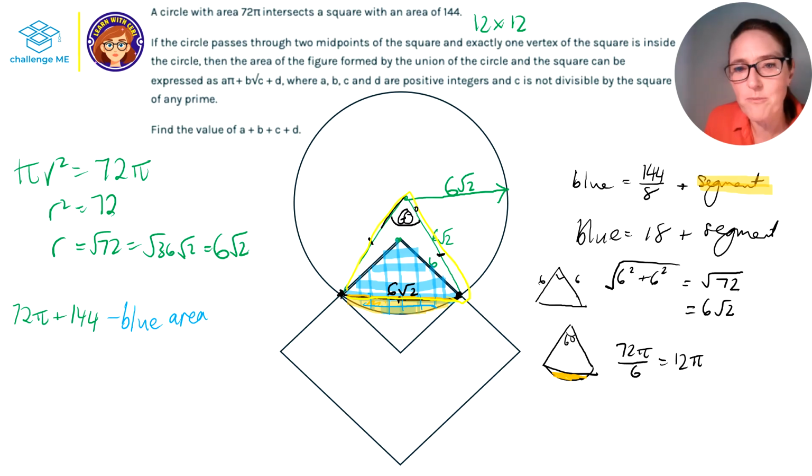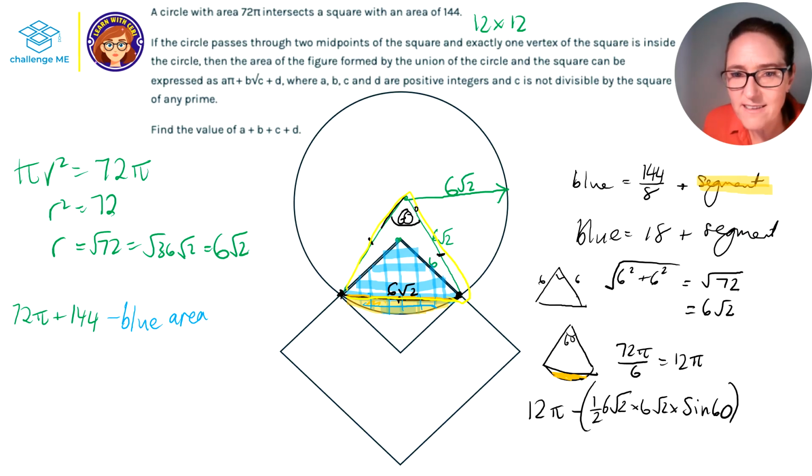So I need to do 12 pi minus the triangle, which is half AB sine C. So that was 6 root 2, half AB, another 6 root 2, sine C, so sine of 60, which is one of the numbers that we need to know. So we've got half times 6 root 2 times 6 root 2. Sine 60 is root 3 over 2.